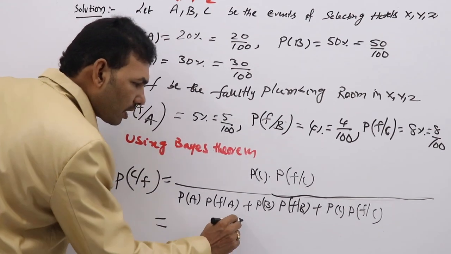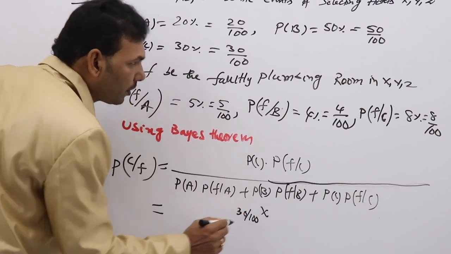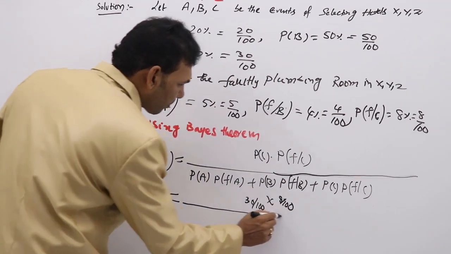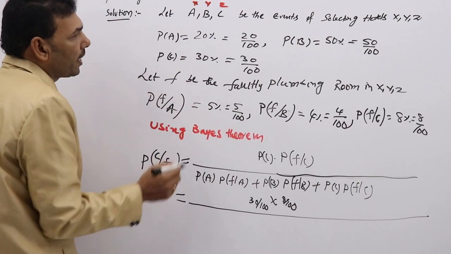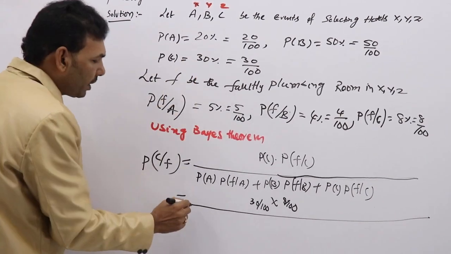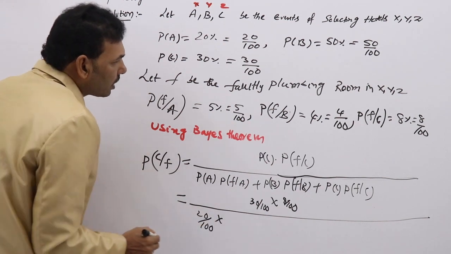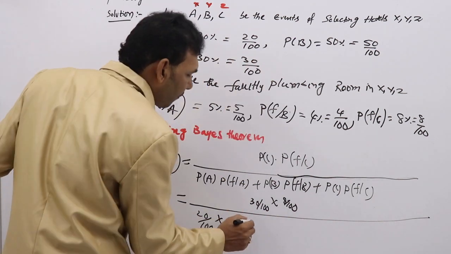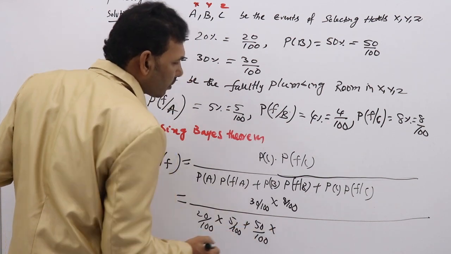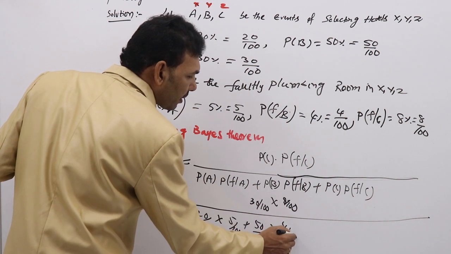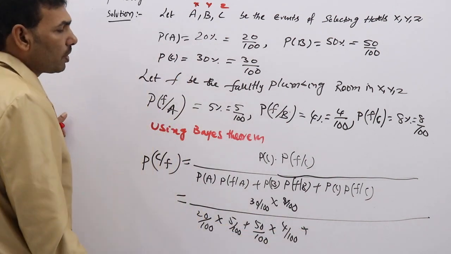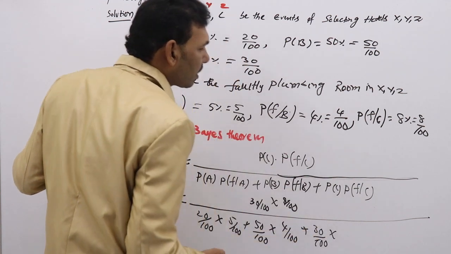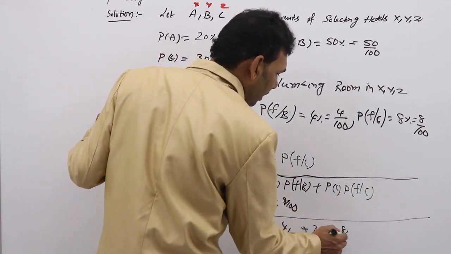Probability of C is 30 by 100 into F given C is 8 by 100, by probability of A, 20 by 100 into F given A, 5 by 100, probability of B, 50 by 100 into F given B, 4 by 100, plus probability of C, 30 by 100 into F given C, 8 by 100.